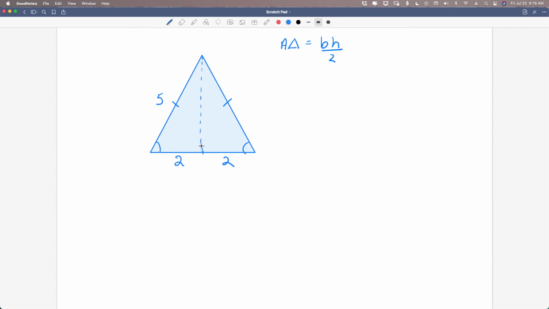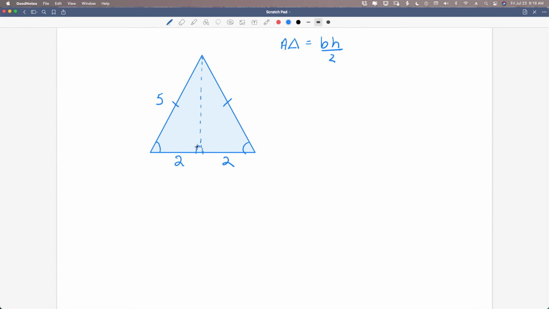So now we know we have a right triangle here with a 2 for the base and a 5 for the hypotenuse. So we can use Pythagorean's theorem in order to find the height of this triangle. And then we can use that to find the area.